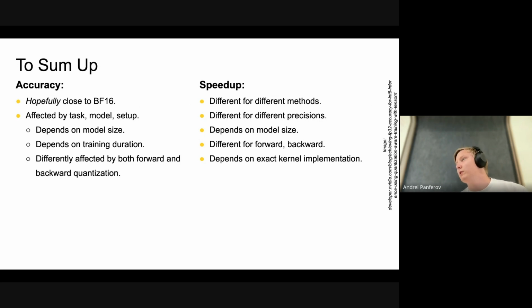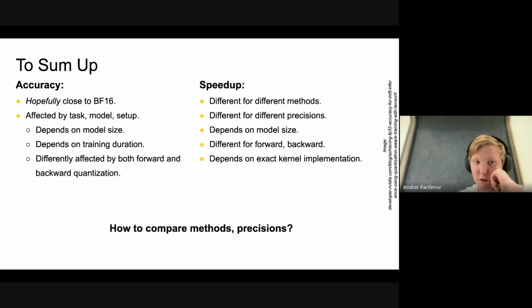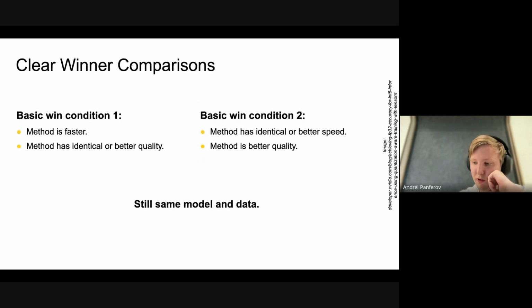So when these methods compare against different baselines, what they usually want to do is show that they're faster and have identical or better quality than some other method.